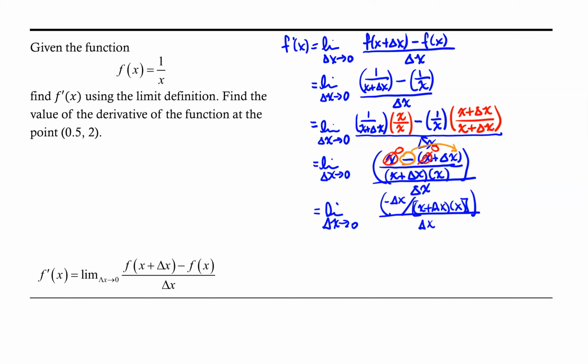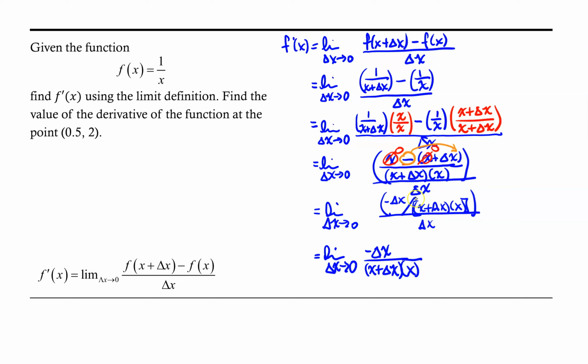Now, to simplify things, we're going to take this delta x that's in our denominator and multiply by its reciprocal. That will help us clean things up for this limit. So we have the limit as delta x approaches 0 of negative delta x over x plus delta x times x.